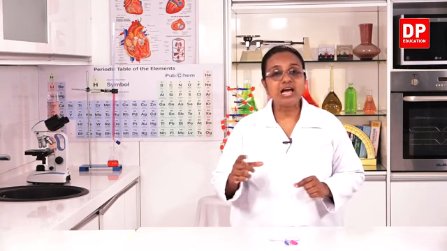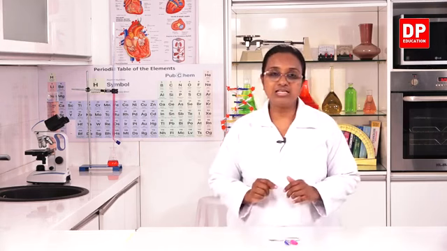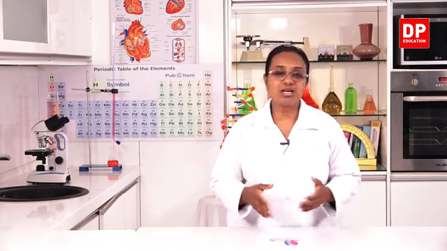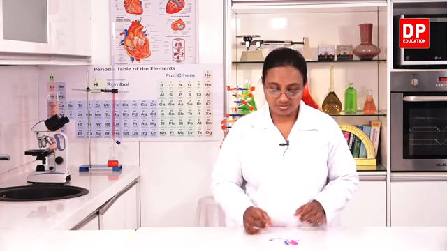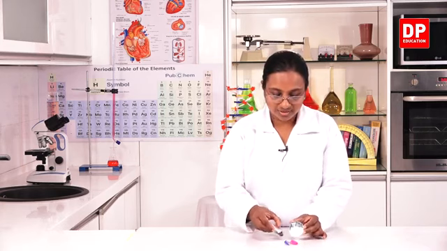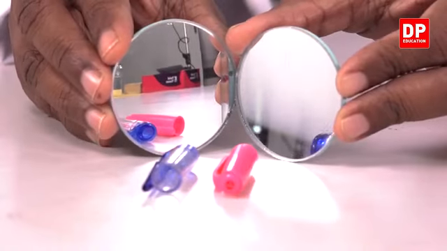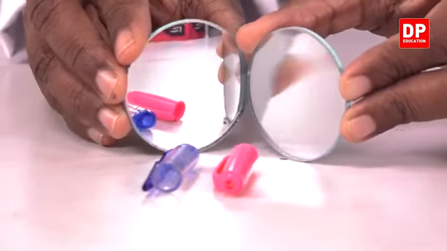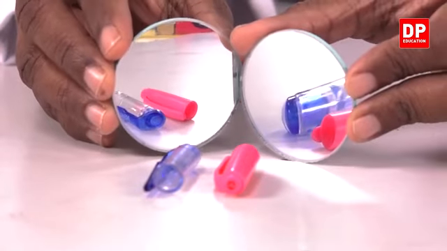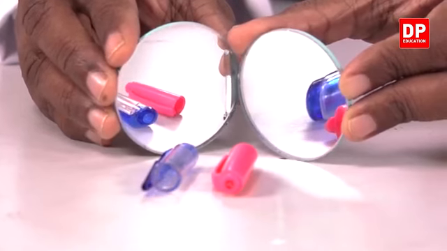larger or enlarged image. So now I have two pen lids to show you all how these images are observed through the curved mirrors. So if I hold the mirrors together, side by side, you can see the objects. Here you will be able to see the objects.